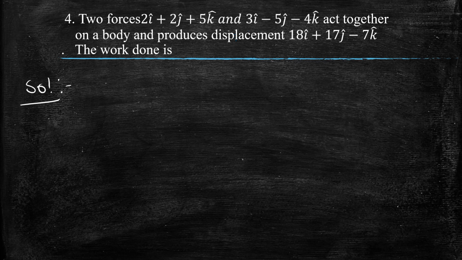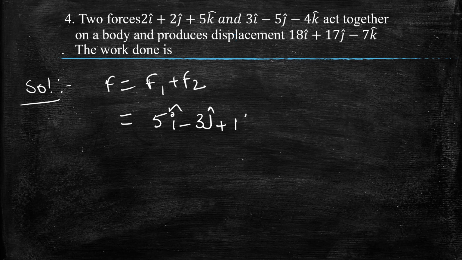That is, the two forces: F is equal to F1 plus F2. Here 2 plus 3 is 5, so 5 i cap; minus 2, here minus 5, minus 5 plus 2 is minus 3, minus 3 j cap; plus minus 4 plus 5 is 1, 1 k cap.